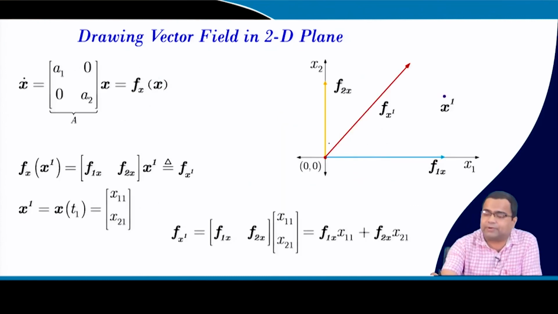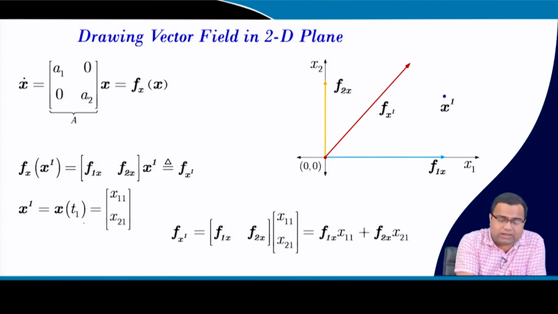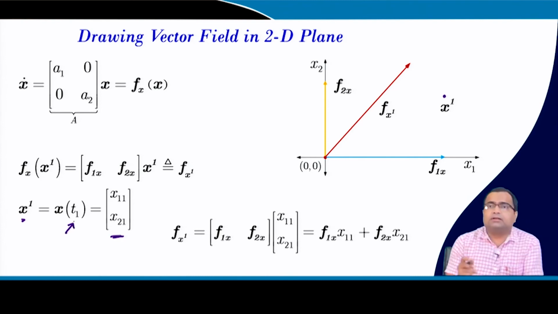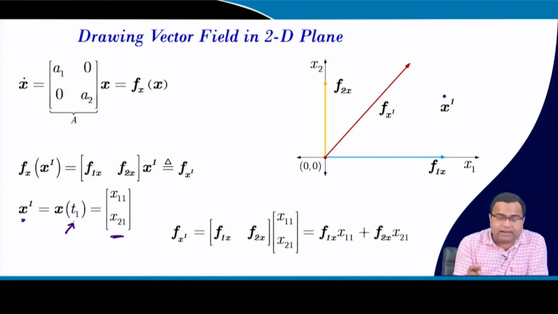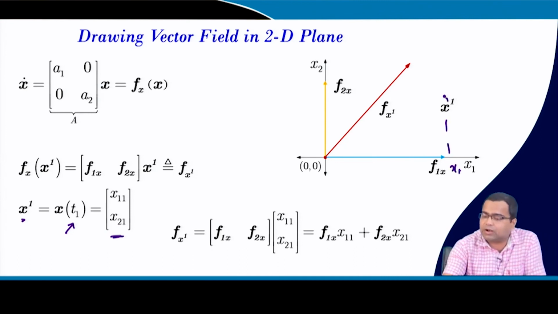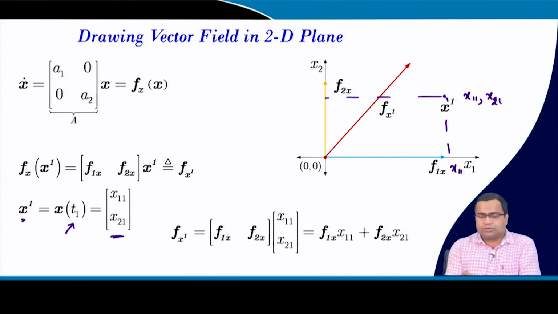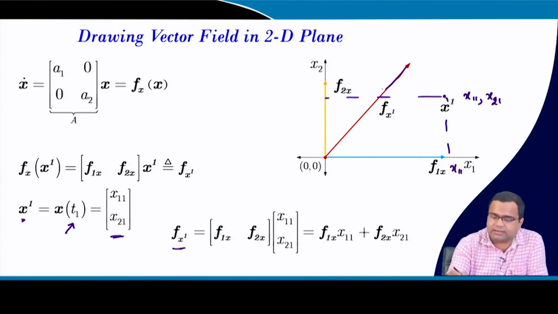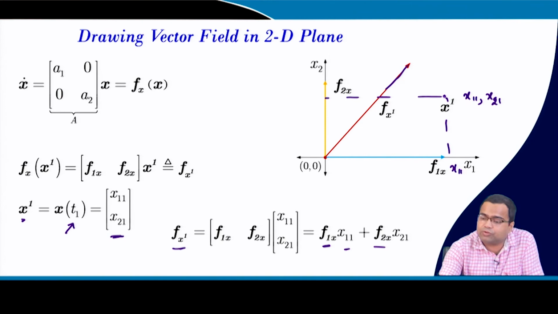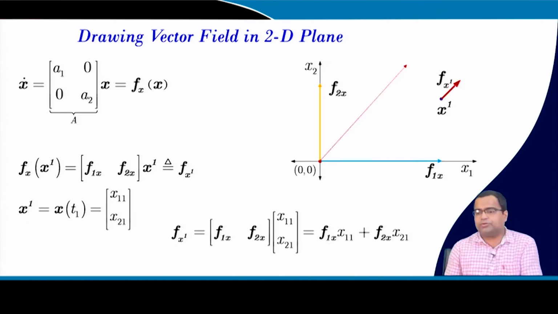Similarly, if we want to find the vector field at another point, we need to know this point's location, as computed after the trajectory moves for a time interval t1, and you got x11 comma x12 components. Then this vector is nothing but f1x into x11, f2x into x21, and again we need to draw a parallel line to this because we are computing at this point, right.